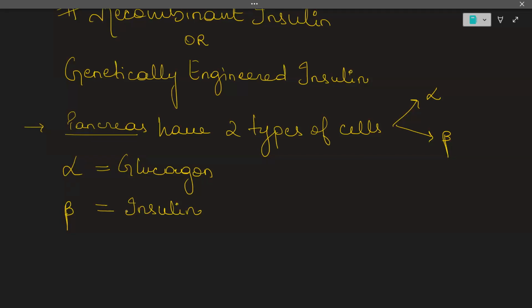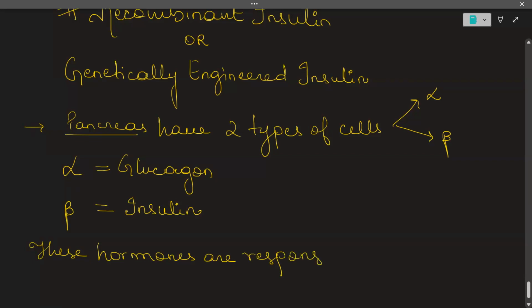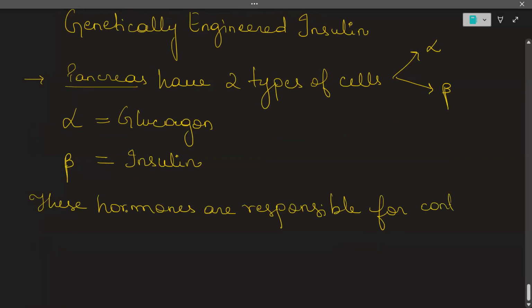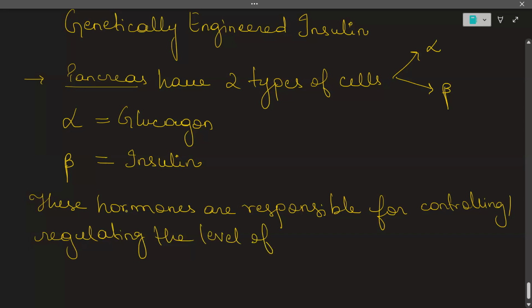So these hormones are responsible for regulating the level of glucose in our blood, to be very specific.